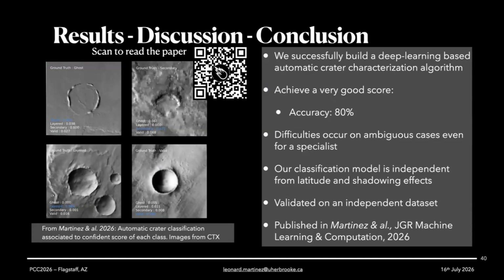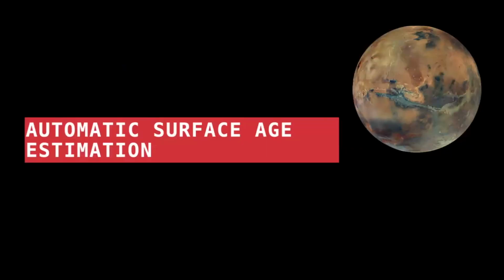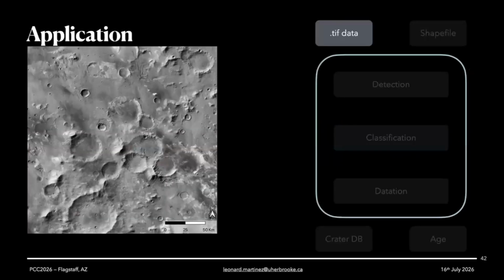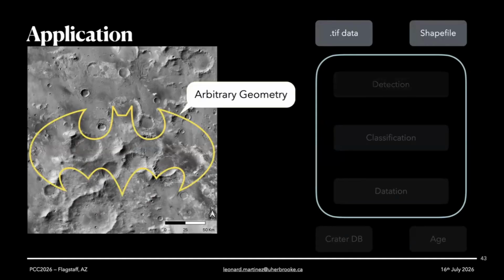If you make a screenshot, next week it will probably work. With these two parts, detection and characterization, we're able to build an automatic dating pipeline. Basically, the user just provides a TIFF and a shapefile of the geometry you want to date, which can be whatever you want.